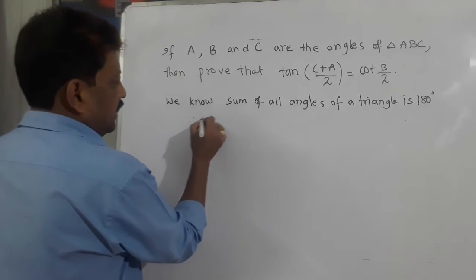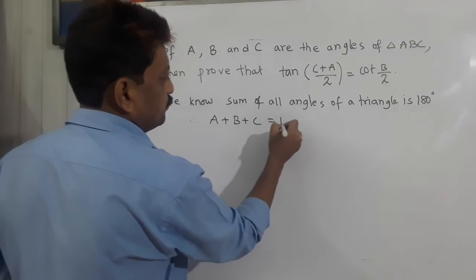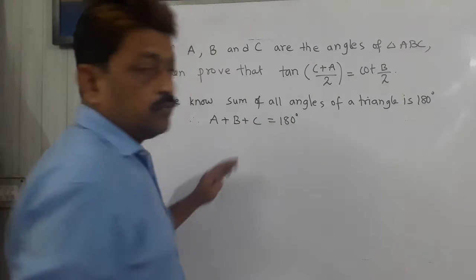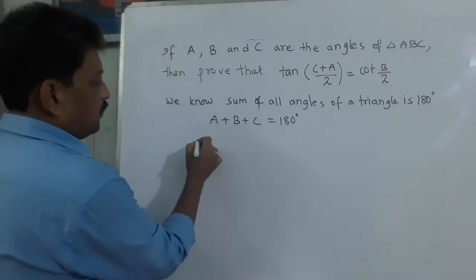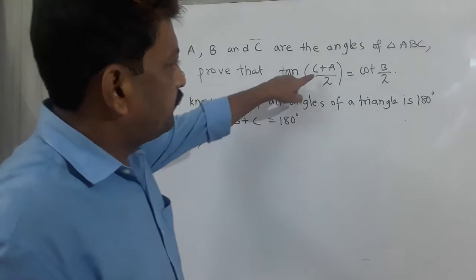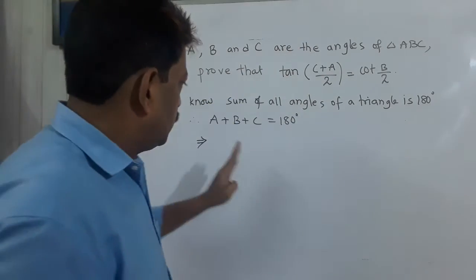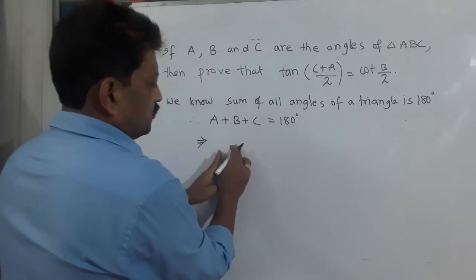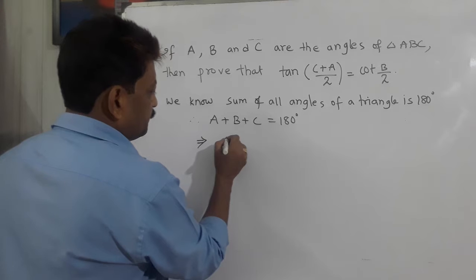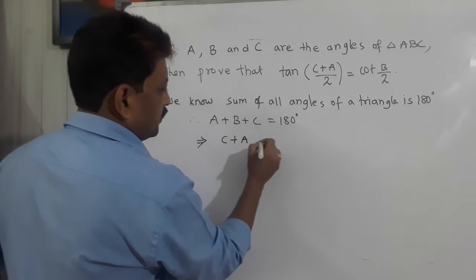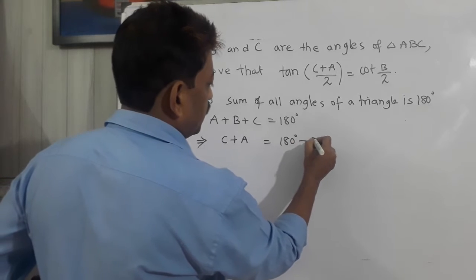Therefore we can say angle A plus angle B plus angle C equals 180 degrees. Now see the question. The left hand side contains C plus A and B is there in the right hand side. So let me keep A and C to the left hand side and take B to the right hand side. So we can say C plus A is equals to 180 degrees minus angle B.